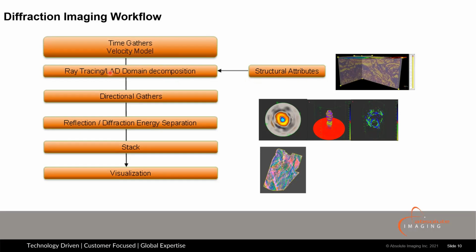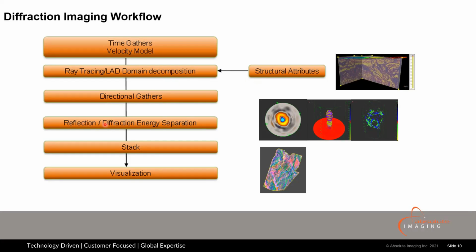We are decomposing everything in the LED domain, and then we come out with the directional gathers. And then the trick, the key point, is how to separate reflection energy and diffraction energy. Remember what we said at the very beginning?